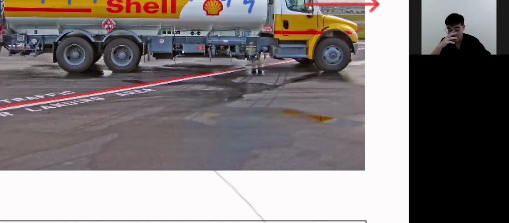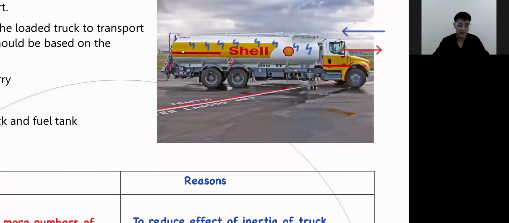Now why? It's because using more tires will increase the area of the tires in contact with the ground, because the truck is very heavy. If there are too few tires, it will create a large pressure on the ground and damage the ground, and it might not be able to withstand the weight of the truck.